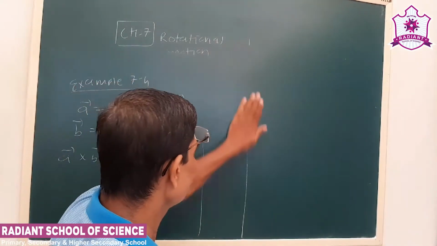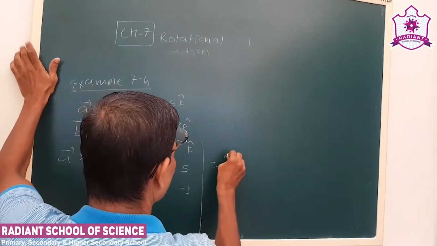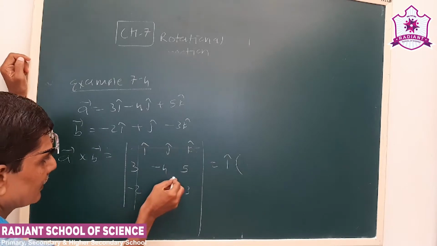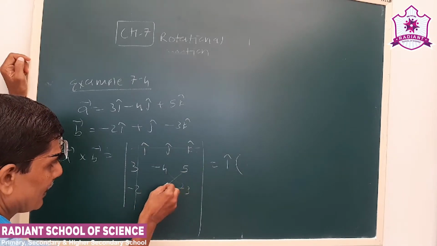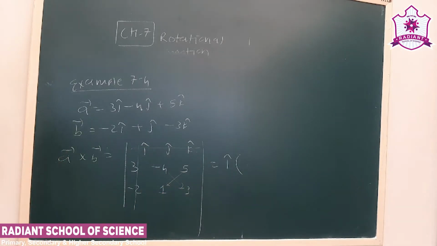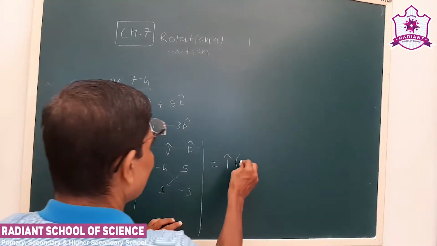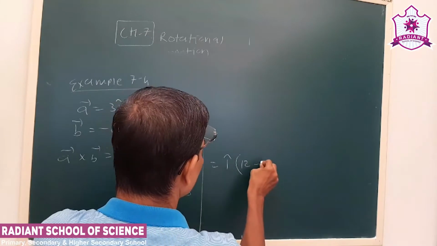Now, to simplify this for i caret: right diagonal minus left diagonal. Minus 4 into minus 3 is 12, and 5 into 1 is 5.